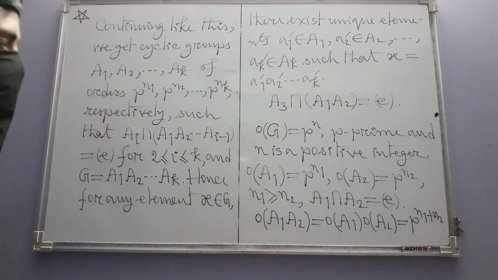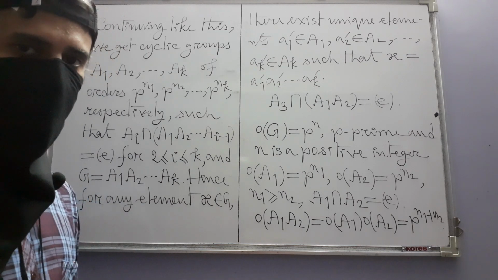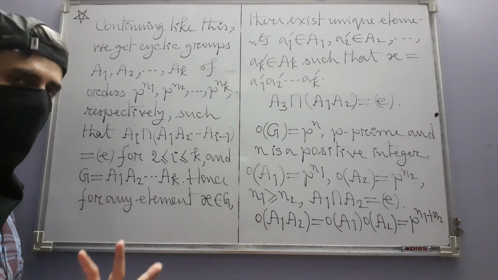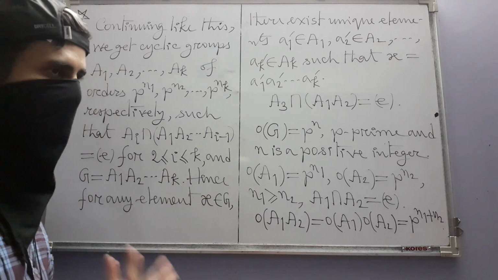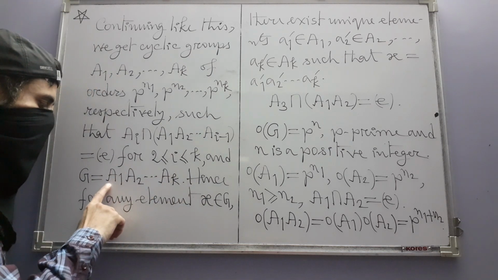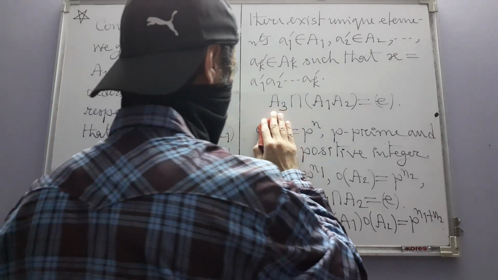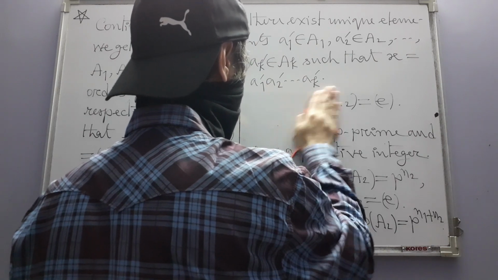And that is why G is the external direct product, or is isomorphic to the same thing, because internal and external direct products after all are isomorphic to each other, of these cyclic groups. And that's where the proof ends.